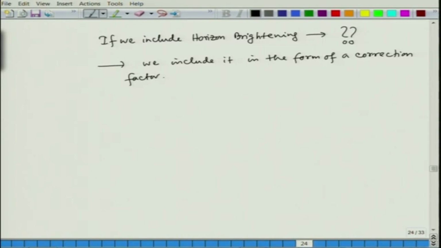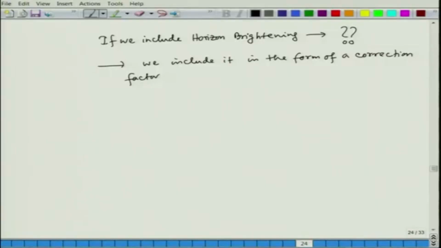Okay. We do not include it absolutely independently, or in the form of a separate term, but we include it as a correction to the diffuse radiation that we are already taking.